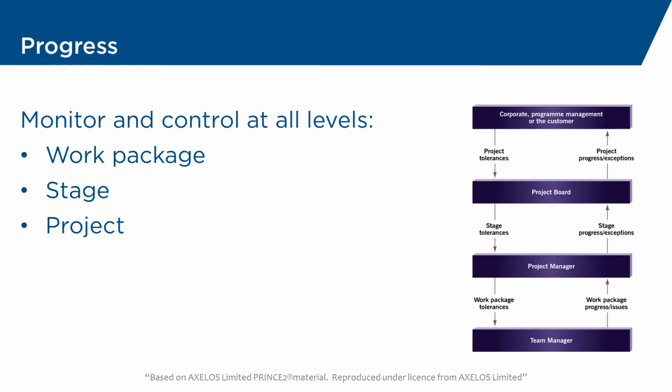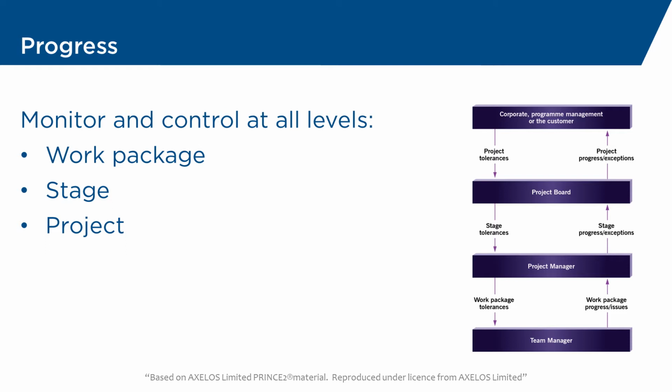And this means then that the information flows from the bottom all the way to the top as far as progress is concerned. We can also see in the diagram there that the project board will be allocating tolerances or controls from their level down to the project manager, and the project manager down to the team manager.